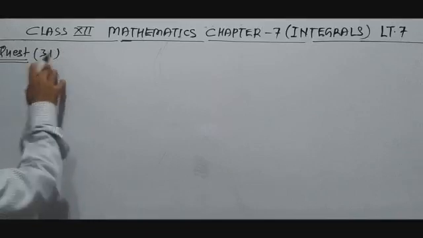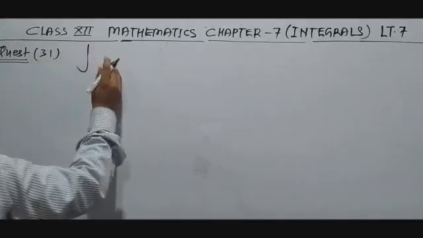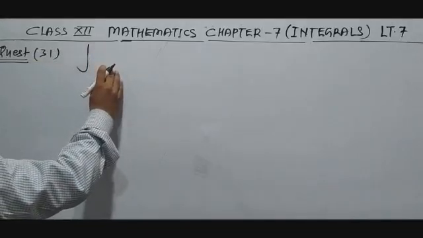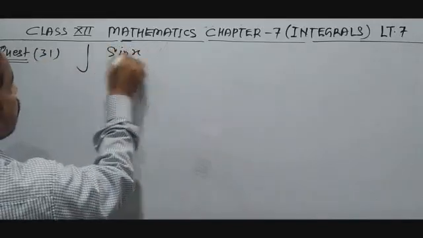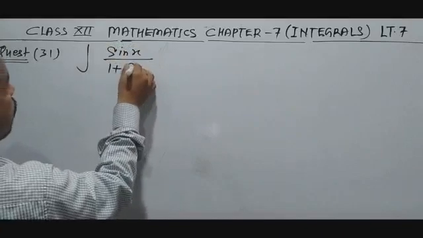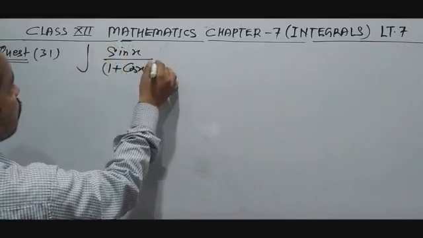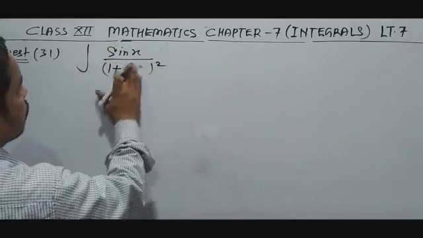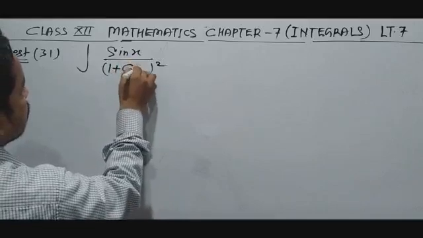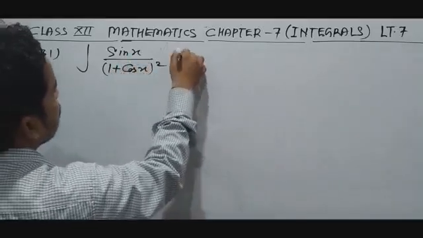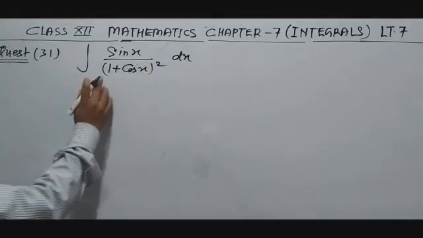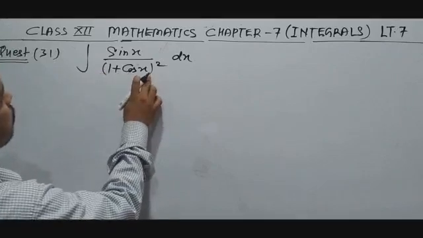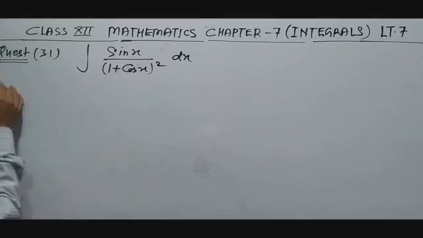number 31. Question number 31 is the integration of sin x upon (1 plus cos x) whole square, dx. Now class, in this question, first of all I have to consider 1 plus cos x is equal to t.